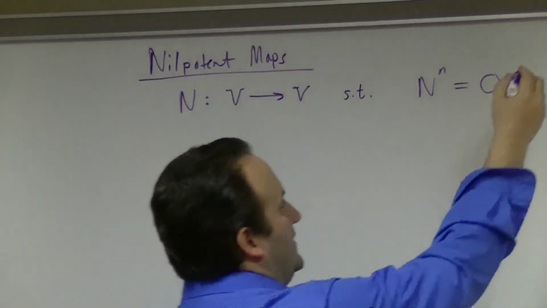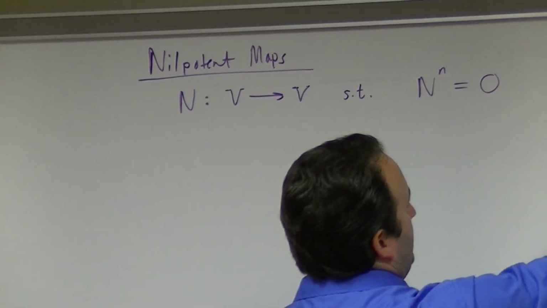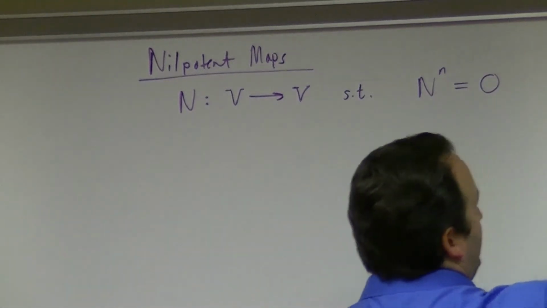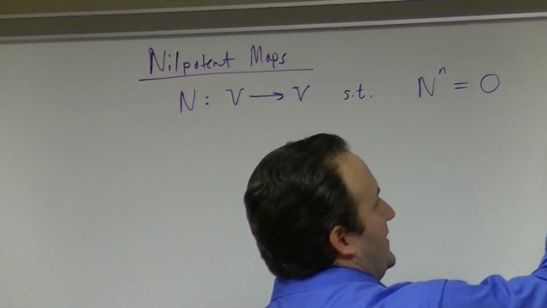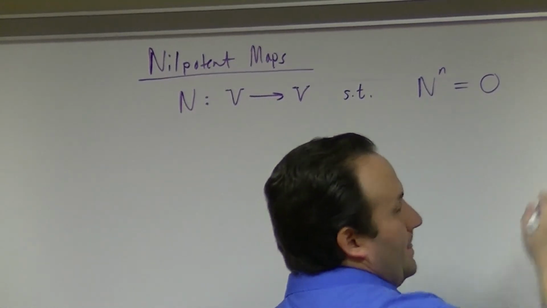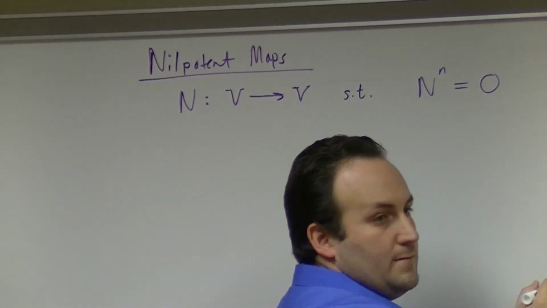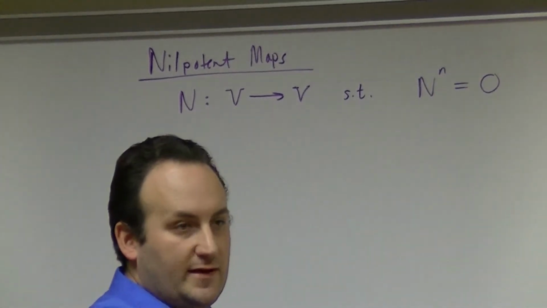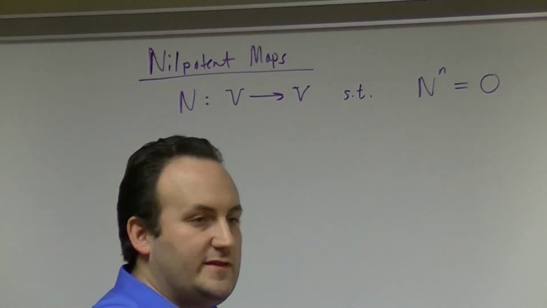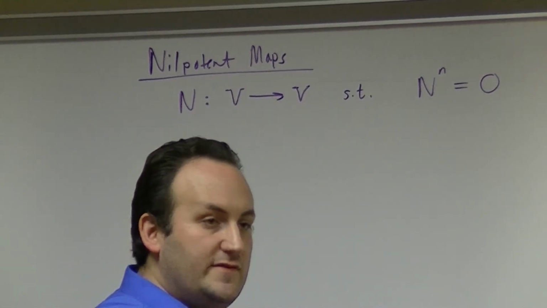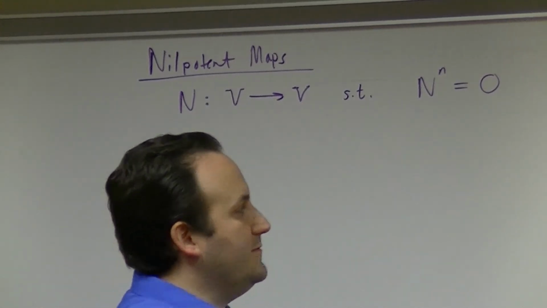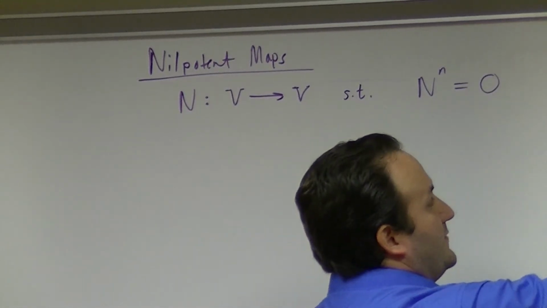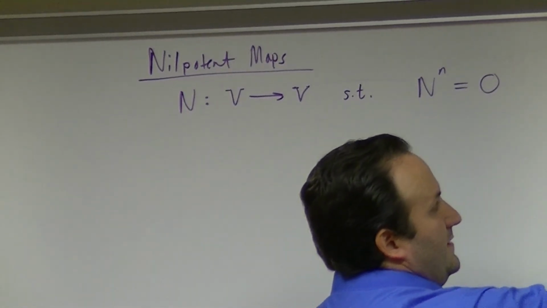Now, a sufficient condition for that is that lambda equals 0 is an eigenvalue. Why? Because if lambda equals 0 is an eigenvalue for N, that means that if I write p of t for my characteristic polynomial, I've got t minus 0 as one of the factors, and then everything else.